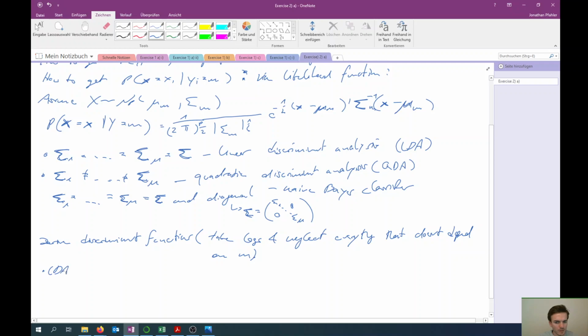Then you get for the LDA the following function. And for the QDA, this quadratic one.